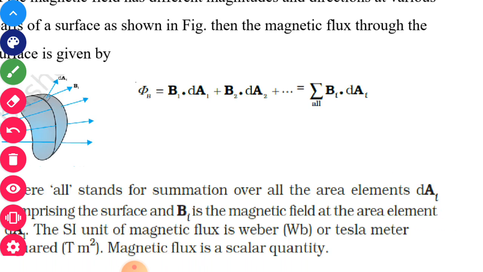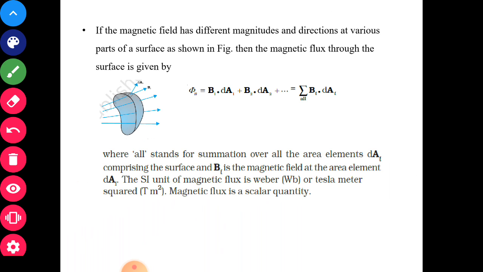Here 'all' stands for summation over all the area elements dA1, dA2 up to dAn comprising the surface, and Bi is the magnetic field at the different area elements.